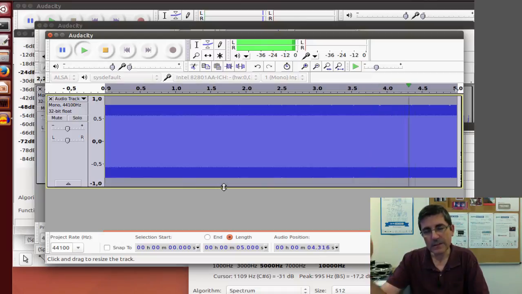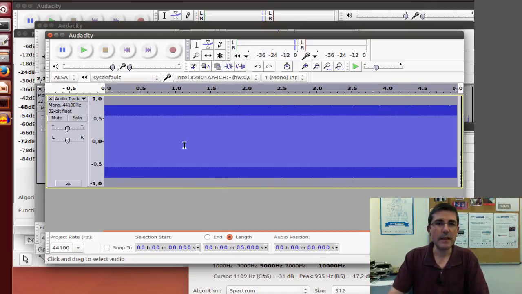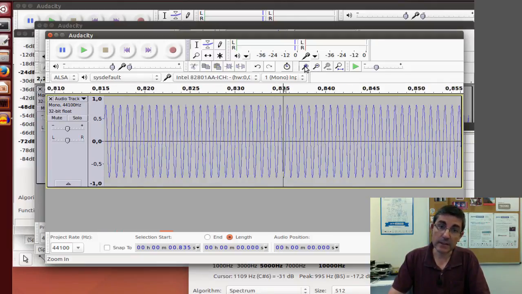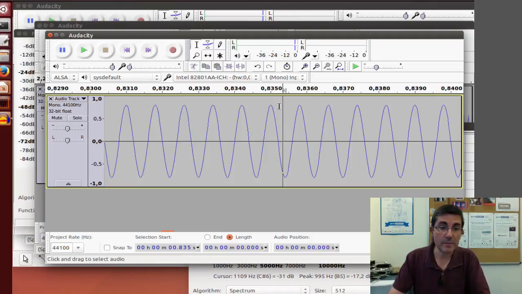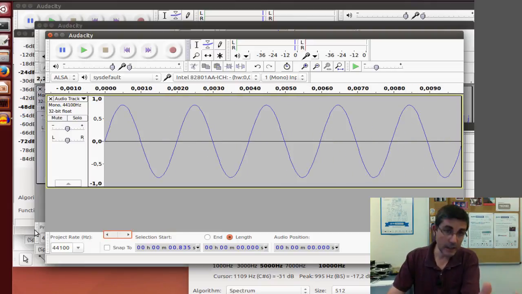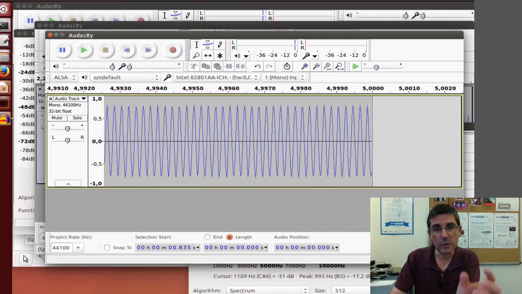Okay, so it's a frequency that goes up, and again we can zoom, but we will see that the period keeps changing in time. At the beginning we'll have a period that is going to be quite long. It will be the 500 Hertz, the 2 milliseconds, and by the end it will be much smaller.